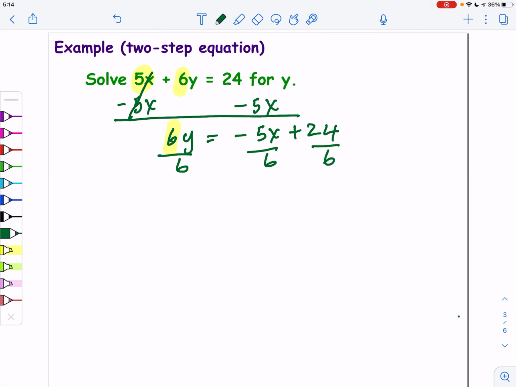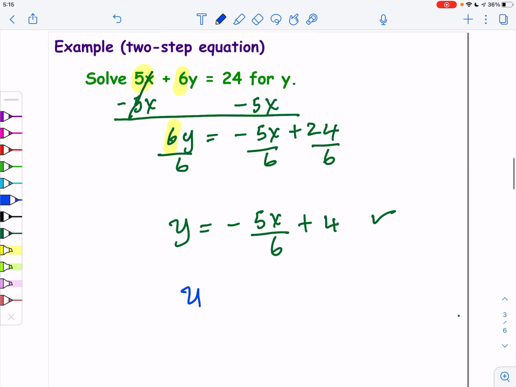And there are several ways in which you can write this answer. One is to write it as y equals negative 5x over 6 plus 24 divided by 6 is 4. That's one way. Or you can write it as y equals negative 5x plus 24 all over 6.